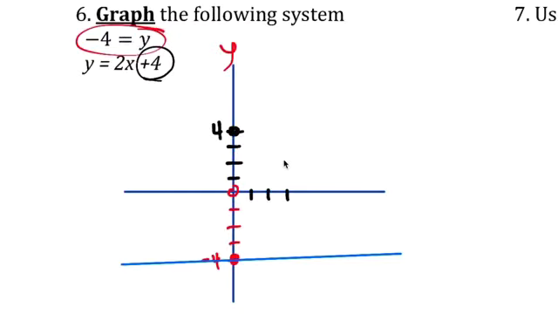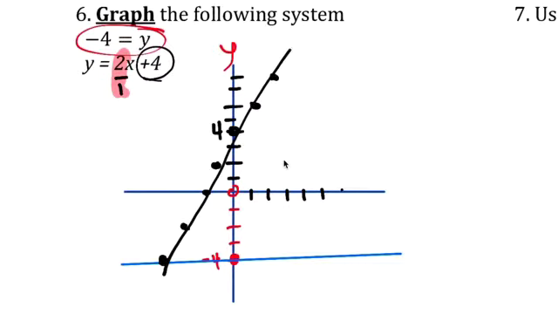And to go up 2 over 1. Up 2, 1, 2 over 1. And continue in that direction. And go the other way, down 2 over 1, down 2 over 1, and down 2 over 1.